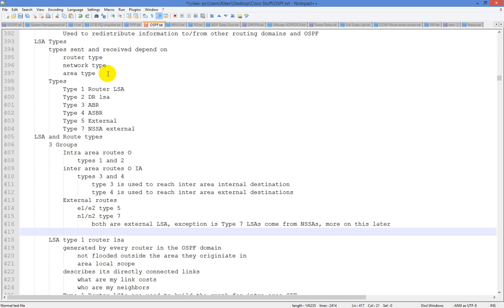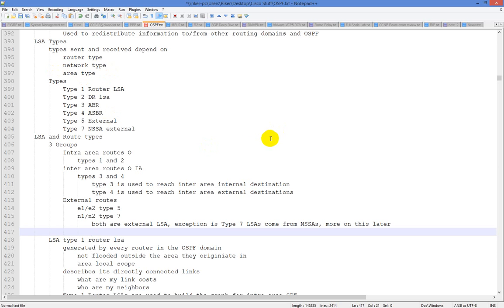Once you have that Type 7 LSA in there, you advertise that to the ASBR, and at this point the ASBR is going to receive that route and has a choice. It can either translate that from Type 7 to Type 5 to advertise it into the backbone area, or you can simply turn that translation off, so that the Type 7 LSA will be inside the NSSA-only area. We're going to talk about this more in detail later, but it's important to understand how this works.